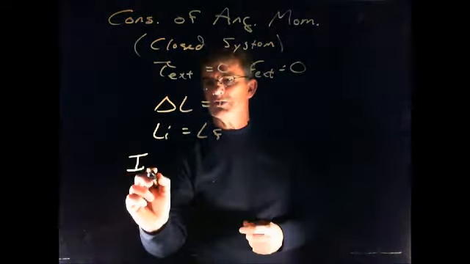And so the question is, where did it come from? Well, it came from the work they did in pulling the arms in. And that's always a good scenario to talk through. Let's look a little more into comparing linear momentum with angular momentum.